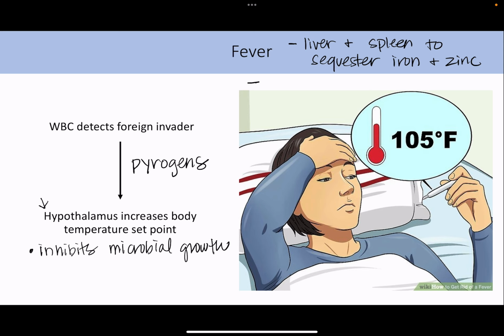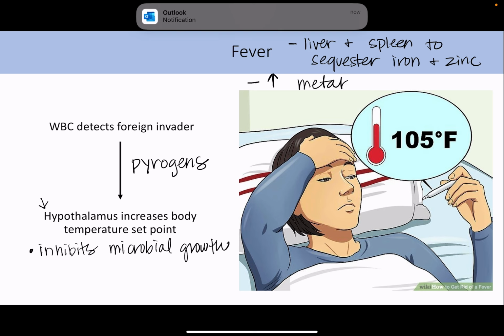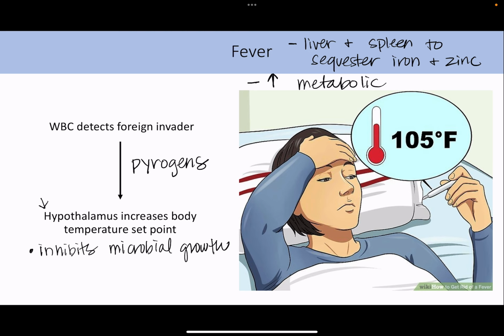And then also, not only does an increase in temperature or a fever slow down the growth of bacteria and viruses, it also, as you already know, increases metabolic rate. So it makes cells work faster, including white blood cells or leukocytes. And so then they can fight off these invaders at a faster rate. So a high metabolic rate means faster immune functions.